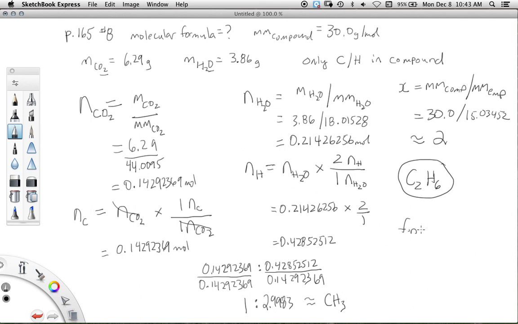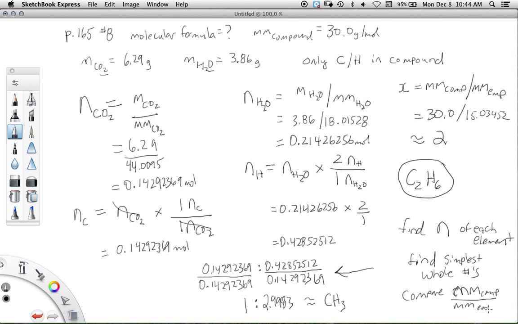You find the moles of each element, you divide by the lowest number, you find the simplest whole numbers, and then if possible you compare the molecular mass of the compound to the molecular mass of the empirical formula, which will tell you what to multiply it by.